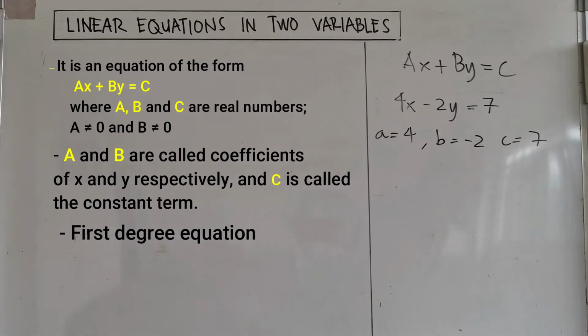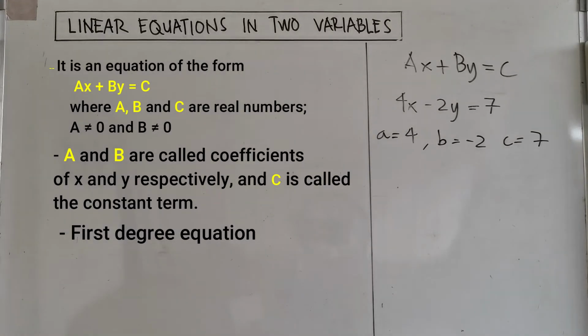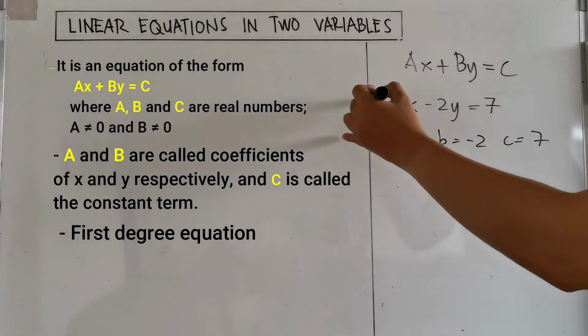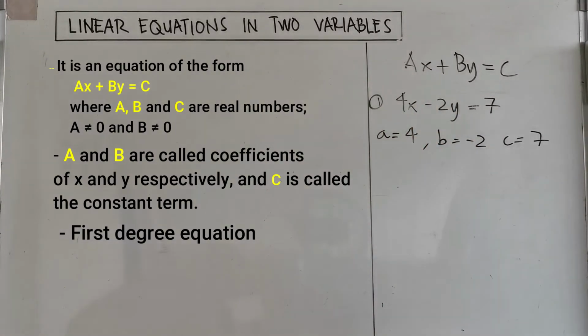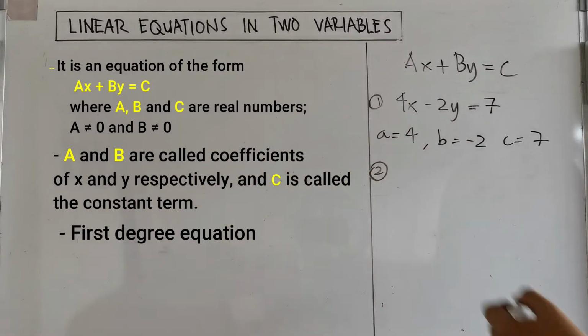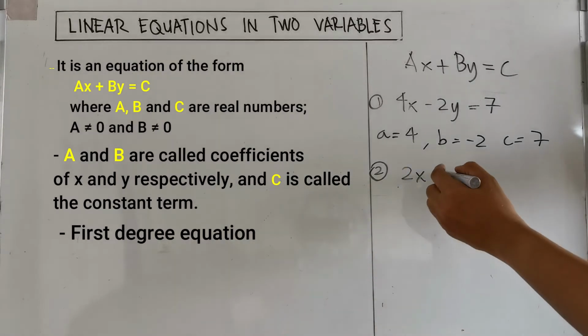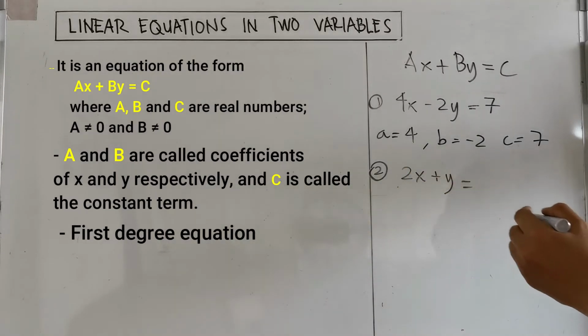Okay, so magbigay pa tayo ng example ng equation. Then, i-identify natin ang kanyang a, b, and c. So, this is example number 1. And for our example number 2, let's say we have 2x plus y equals 2.